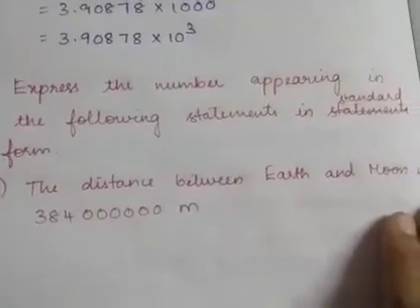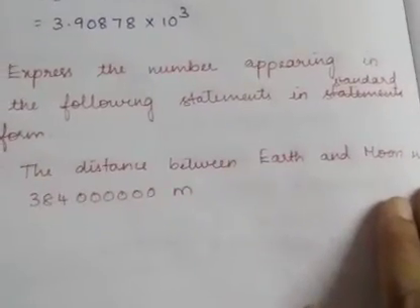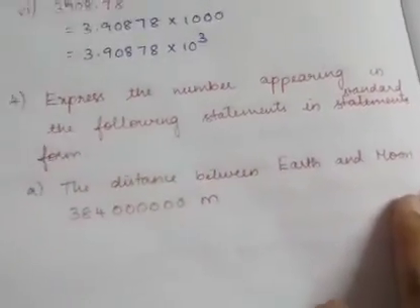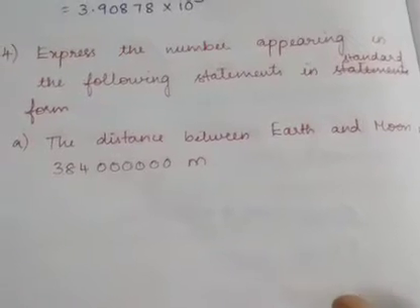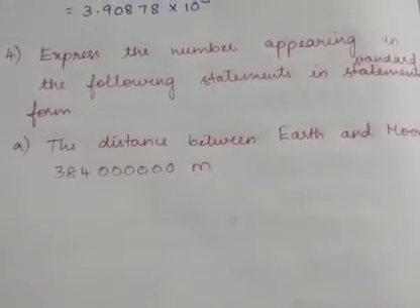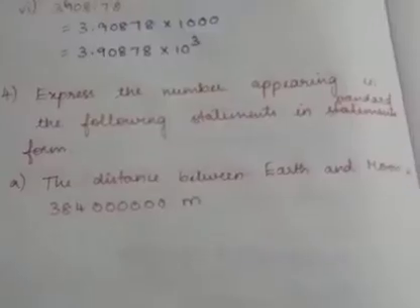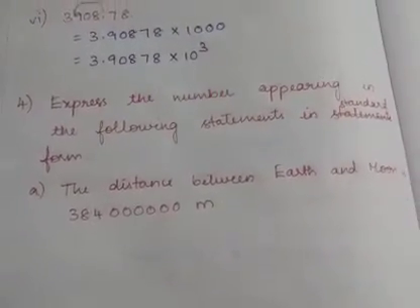The numbers appearing in the following statements in standard form. This is your fourth question. In the last problem, they gave you a number and we wrote that number in standard form. Here, they have given you a statement, and for this statement we are supposed to write the standard form. Okay, so listen.